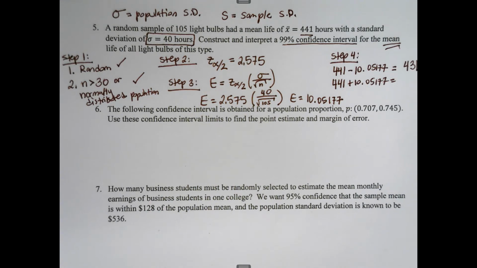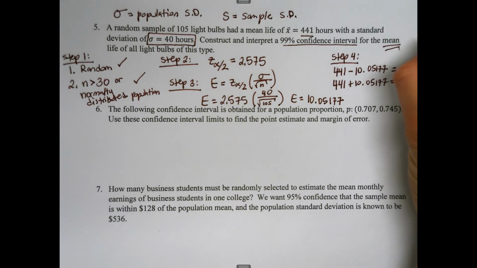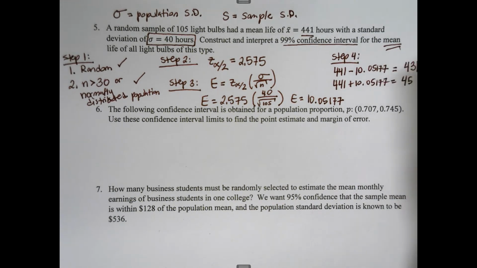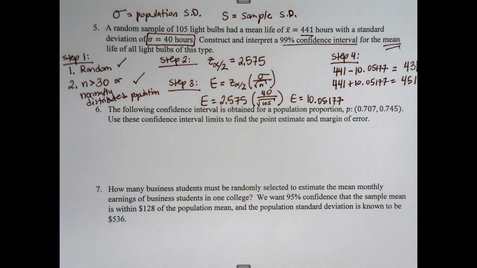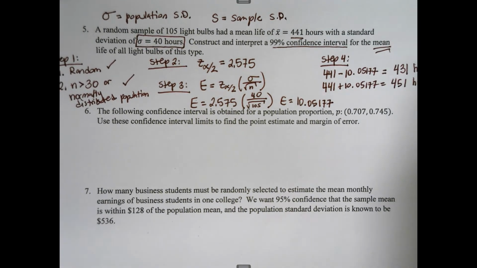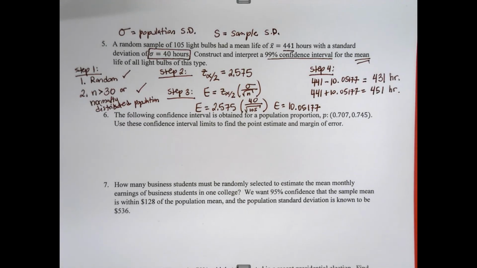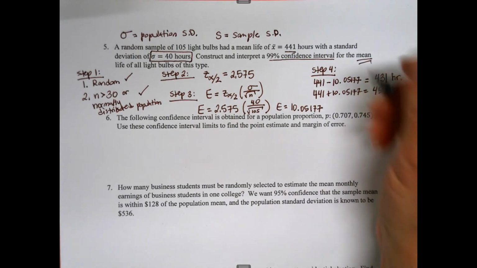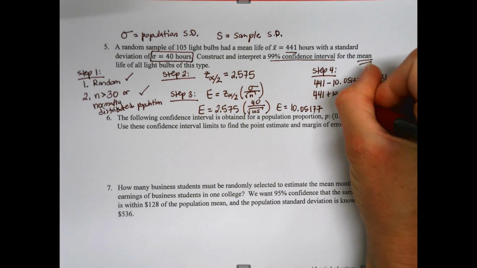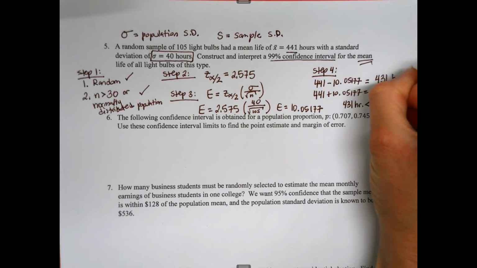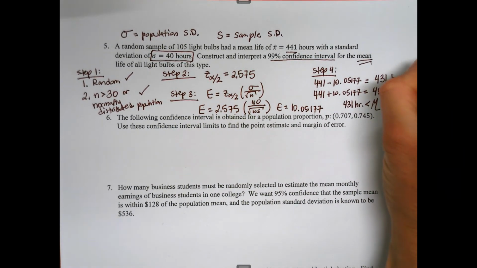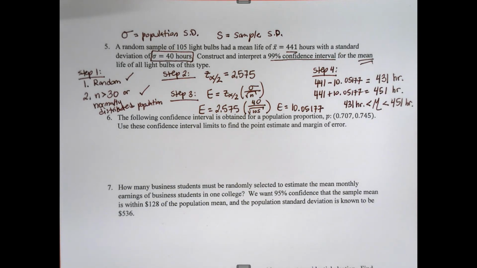And when we add again, we get 451.05, so I'm going to leave it at 451 hours. Our interval then in this case is 431 hours is less than the population mean, which is less than 451 hours.